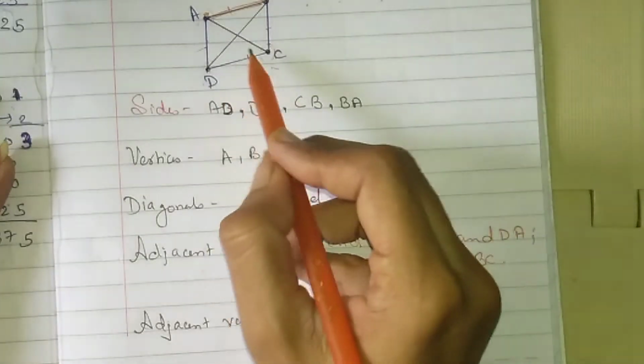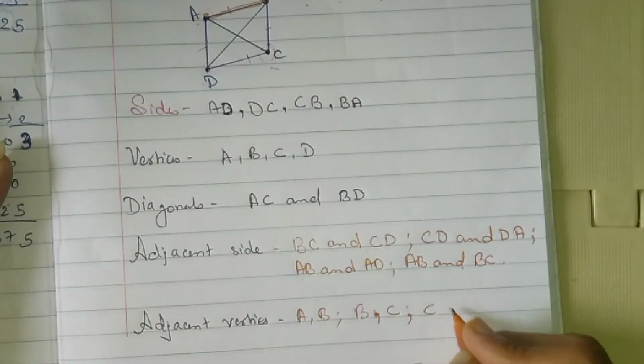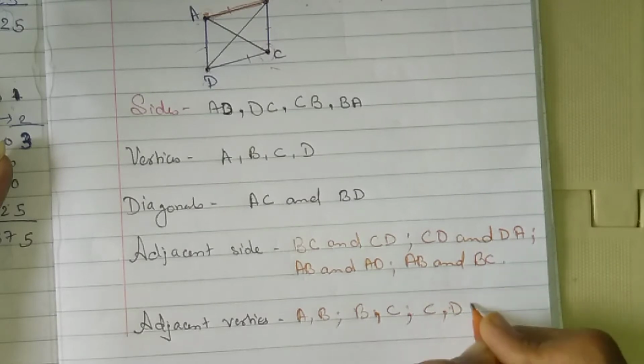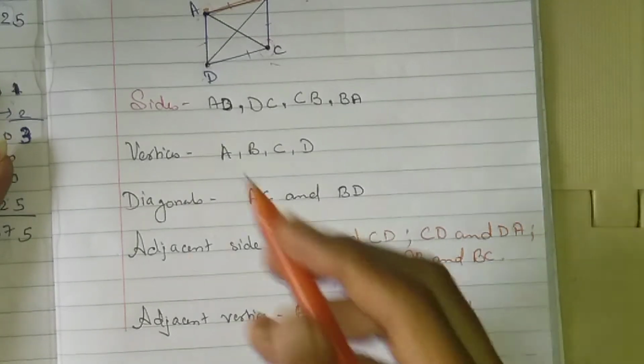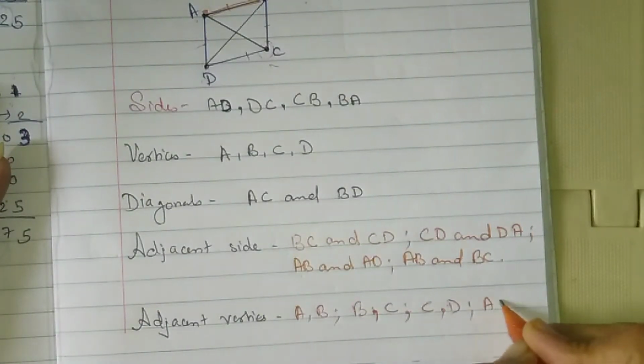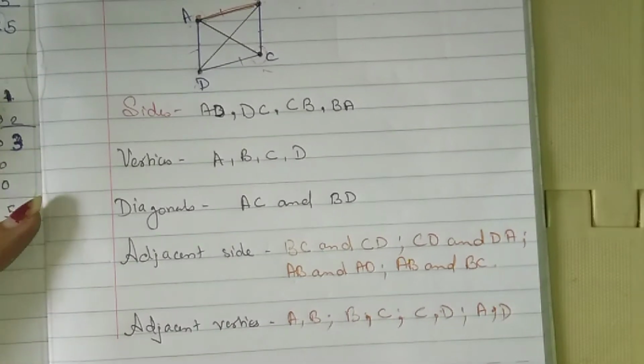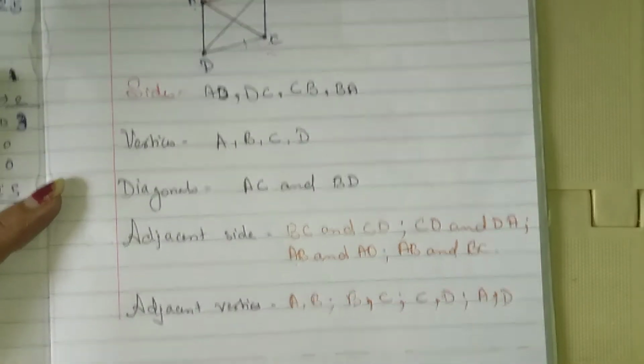Next, if we take CD line segment, so CD. Another pair, if we take AD line segment, then AD are the adjacent vertices of the quadrilateral.